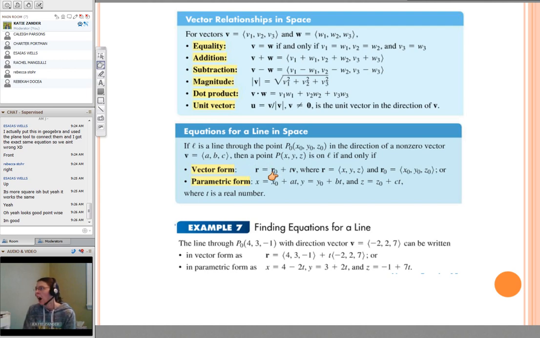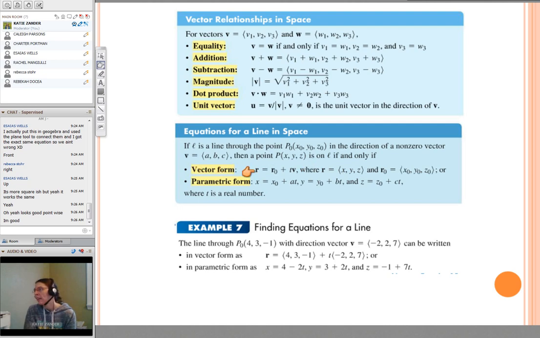So r0 is technically that point that you started with, right? So that would be our x, y, z plus t times vector v. Now sometimes we have to find this vector v by using our head minus tail rule. So if we're given 2 points, we might actually have to put it in our vector form before we get the actual vector there of a, b, and c.